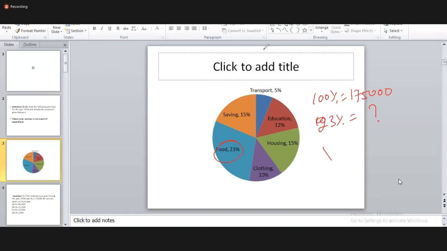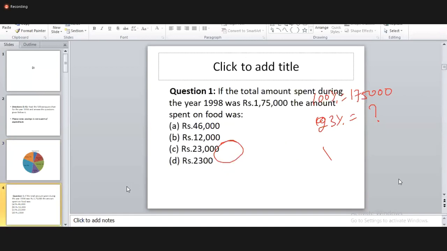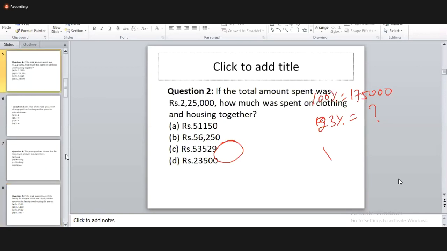Okay, let's go to the next question. If the total amount spent was 2 lakhs 25,000, how much was spent on clothing and housing together? The total is 2 lakhs 25,000, which means 100% is 2 lakhs 25,000.